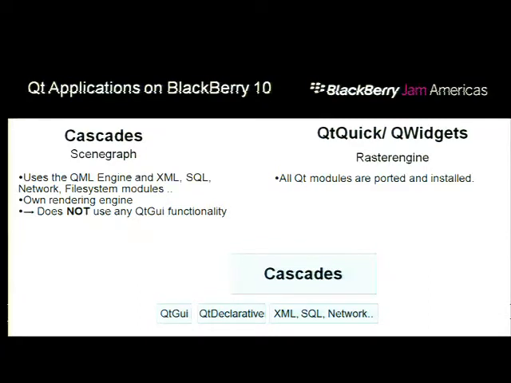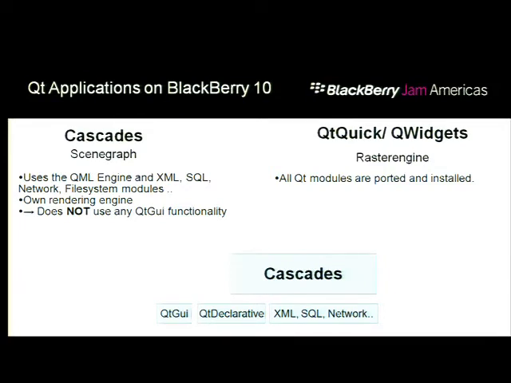This should visualize that Cascades is using all the modules like XML, SQL, network, but not the Qt GUI stuff. It also uses the Qt declarative engine, but only the engine, not the paint engine.